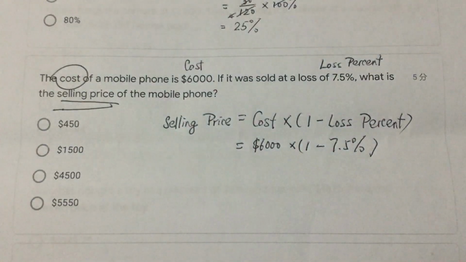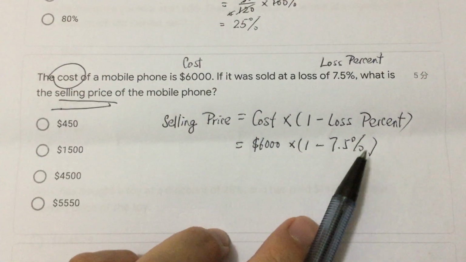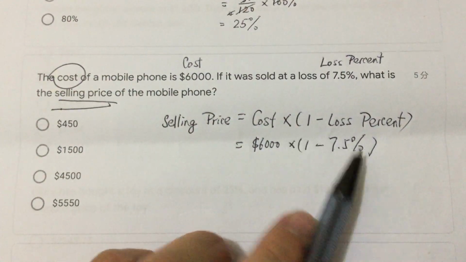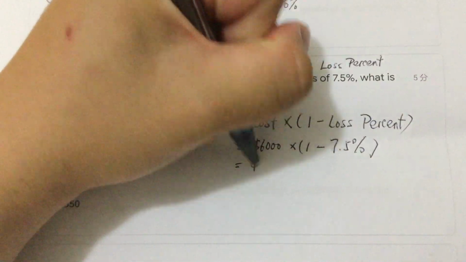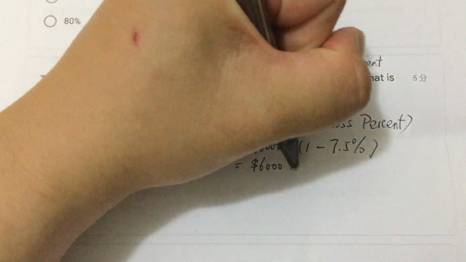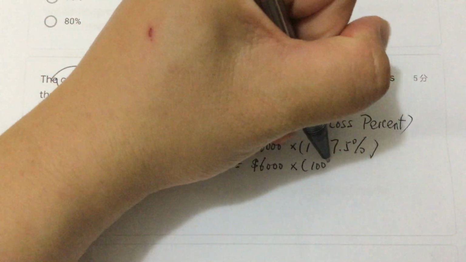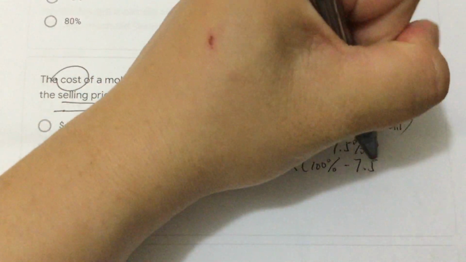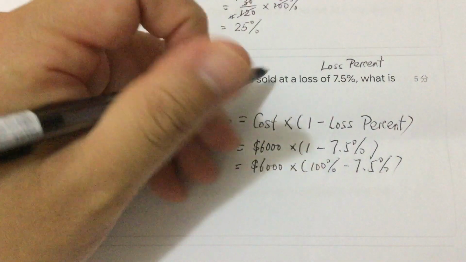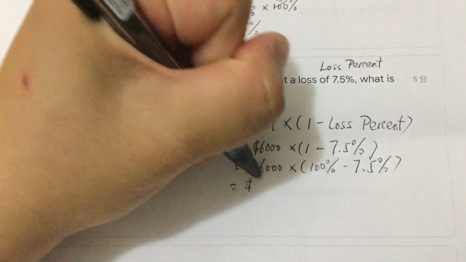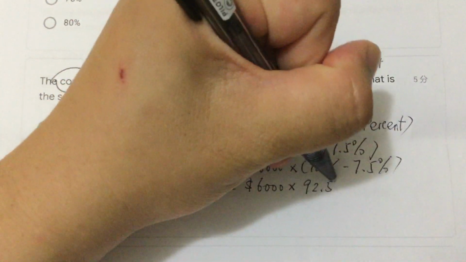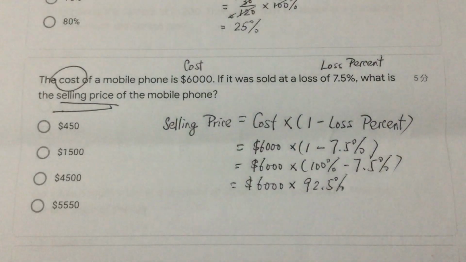Please pay serious attention. After we do the subtraction, that means 100% minus 7.5%, this one is $6,000 times 92.5%. Please pay attention.